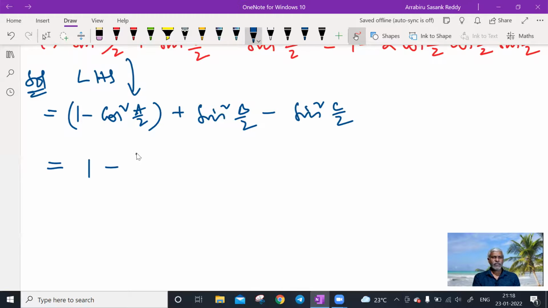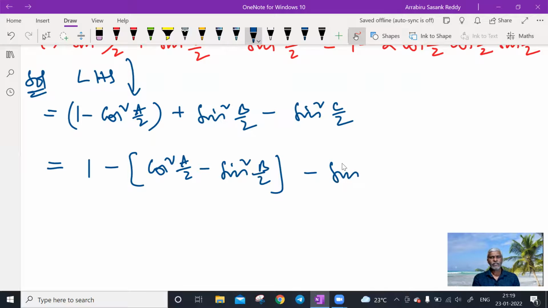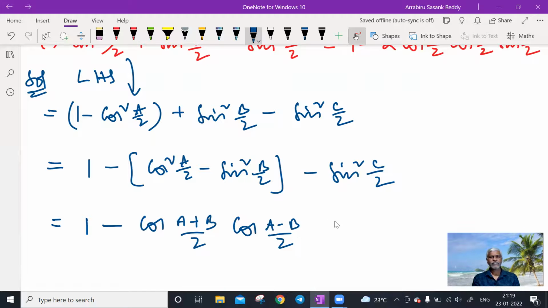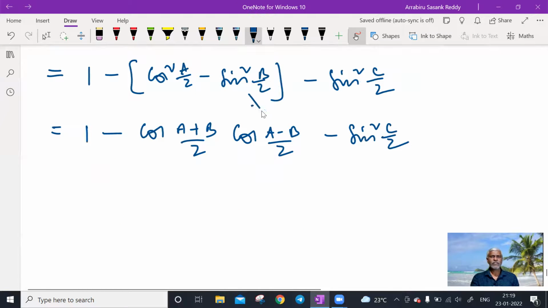Taking 1 common, this becomes 1 minus (cos square (A by 2) minus sin square (B by 2)), minus sin square (C by 2). So cos square A minus sin square B is cos (A plus B) into cos (A minus B). This is the formula.